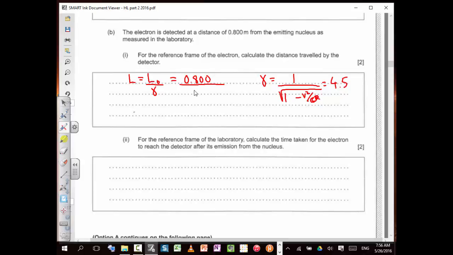And so this is going to be 0.8 divided by 4.5, which is equal to 0.178 meters. By the way, if you used 0.98 c for v here, you got a slightly different answer, and that would have still been marked correct.